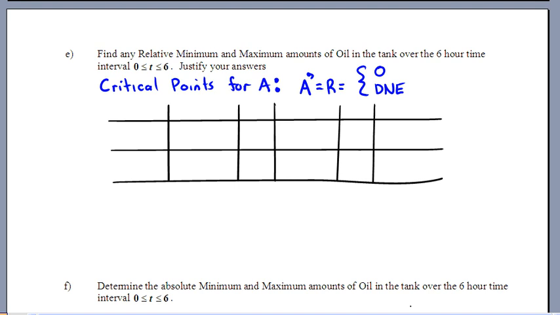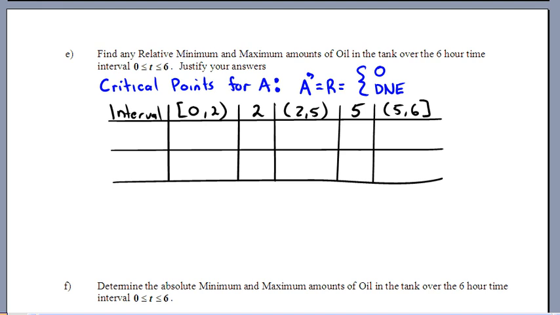Okay, so intervals, time intervals. I've got an interesting time at 2 and an interesting time at 5. I've got all the times from 0 up to 2, and then from 2 to 5, and then from 5 until I get to 6.